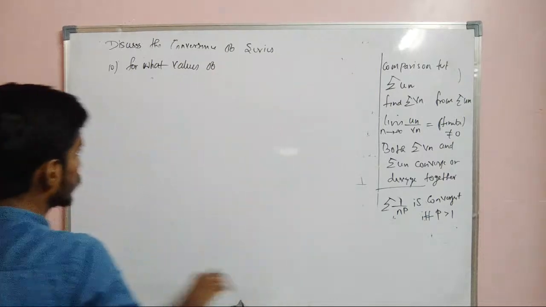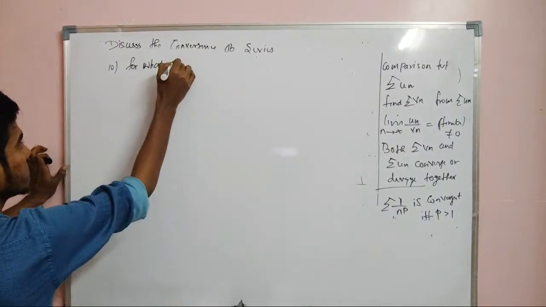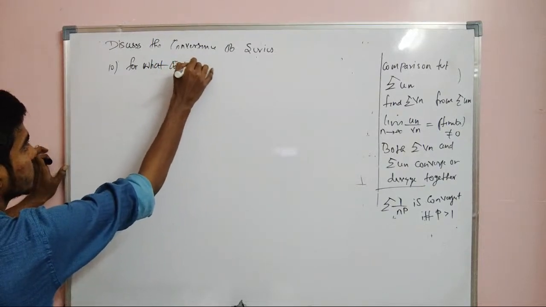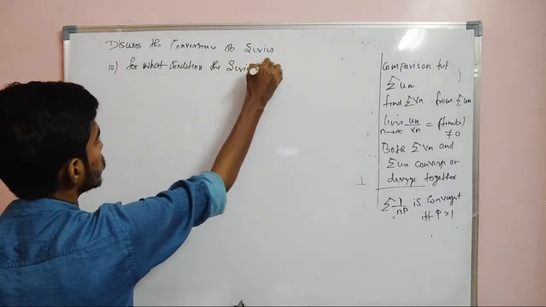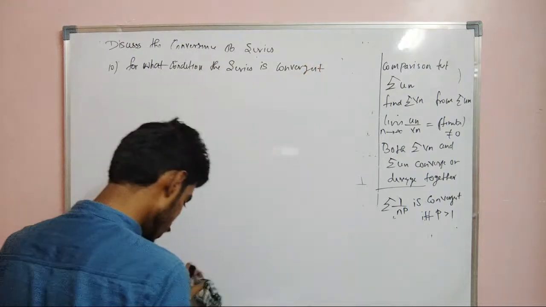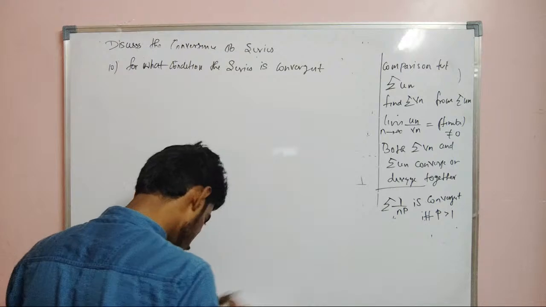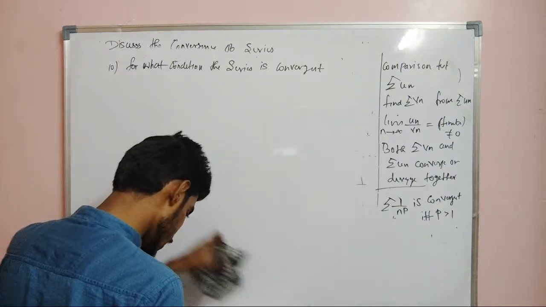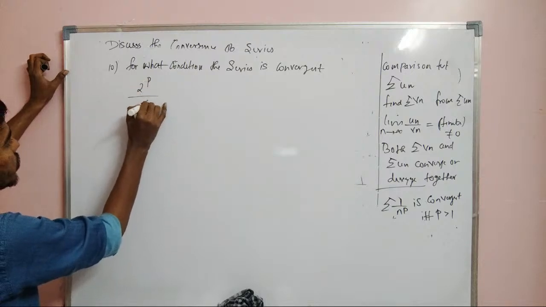Again, for what condition is the series convergent? The question is 2 power p by 1 power q.